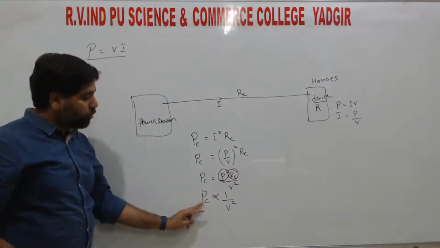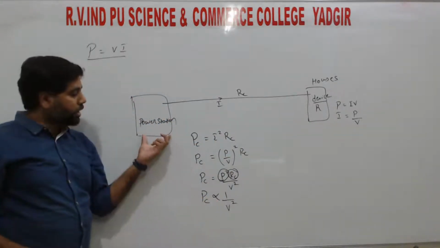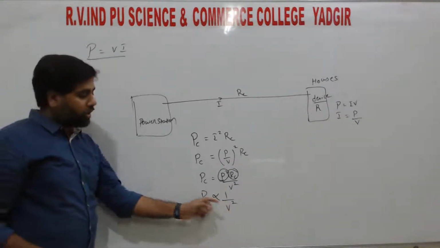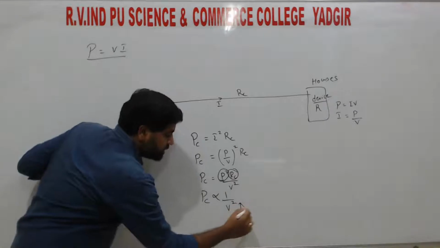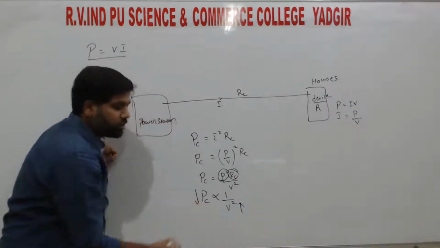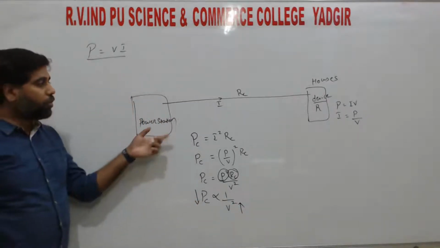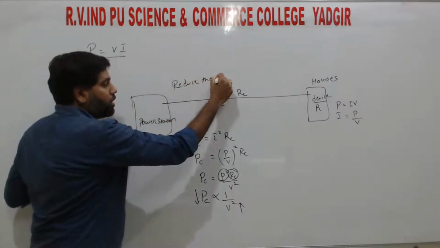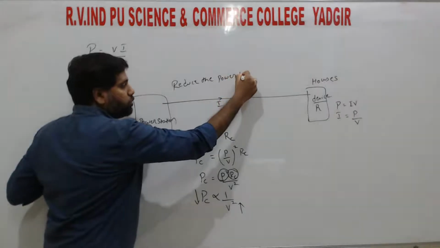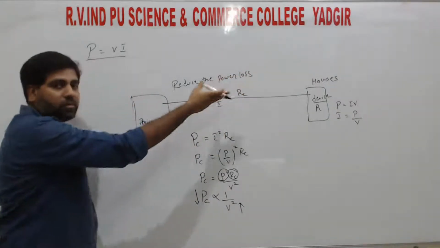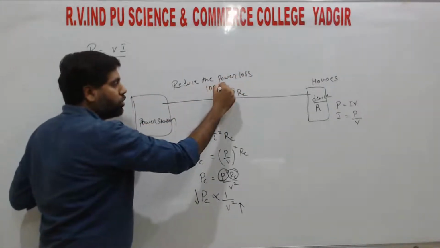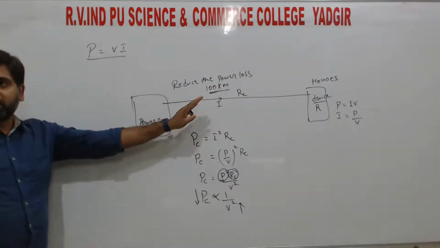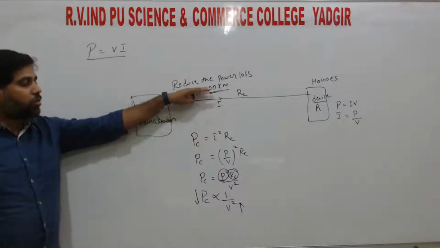So now PC, the power loss in the transmission, is inversely proportional to the square of the voltage. That means voltage ಜಾಸ್ತಿ ಆಗ್ತಾ ಹೋದಂಗೆಲ್ಲ power loss ಕಮ್ಮಿ ಆಗುತ್ತೆ. So the main purpose here is to reduce the power loss while transmission. ಇಲ್ಲಿಂದ some several 100 kilometers ವರೆಗೂ ನಾವು ಪವರ್ ಸಪ್ಲೈ ಮಾಡ್ತಾ ಇದೀವಿ ಅಂದ್ರೆ ಅಲ್ಲಿ ನಮಗೆ ಲಾಸಸ್ ಜಾಸ್ತಿ ಆಗ್ತಿರುತ್ತೆ. ಆ ಲಾಸಸ್ ನ ಕಡಿಮೆ ಮಾಡಬೇಕು ಅಂತ ನಾವು ಏನು ಯೂಸ್ ಮಾಡ್ತಾ ಇದೀವಿ?